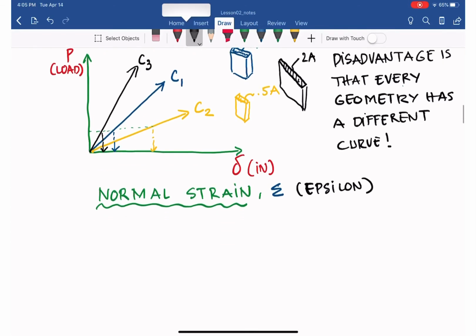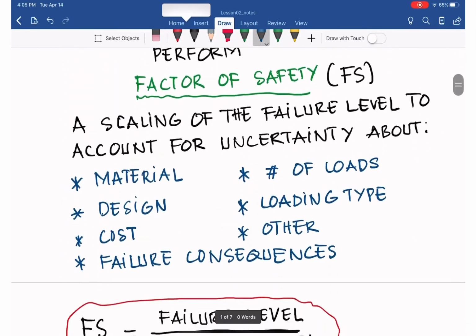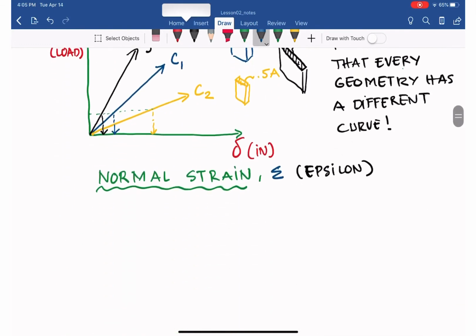So from this one, let me make a case in here. If we have a cantilever with a fixed support at one end, the original length we call L naught.